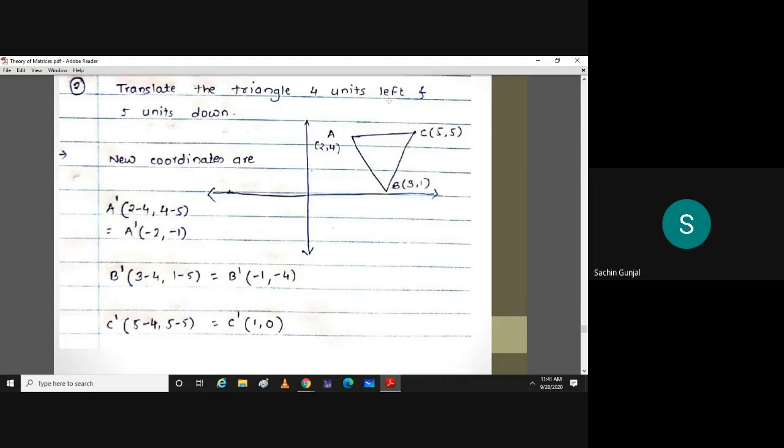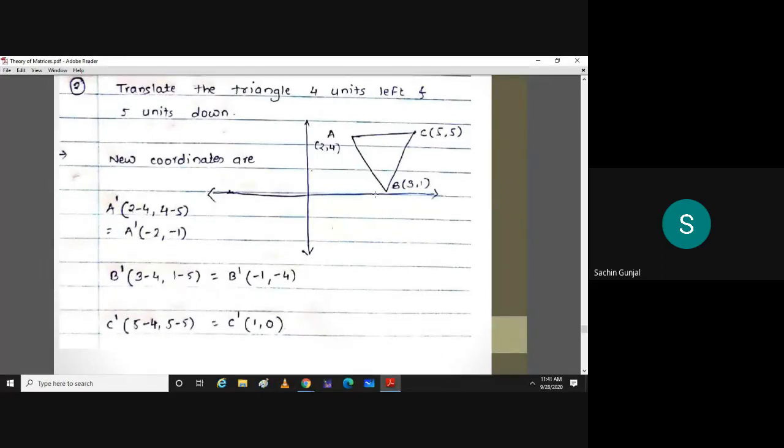4 units left, that is -4, and 5 units down, that is -5. So the new coordinates are: A dash will become 2 - 4 and 4 - 5, that is -2, -1.